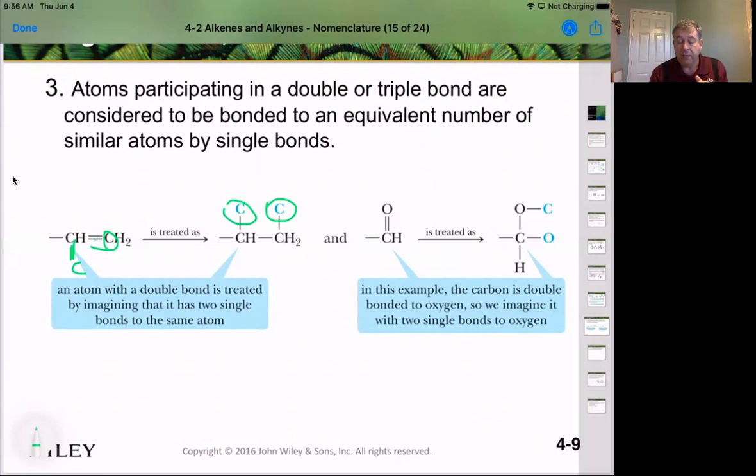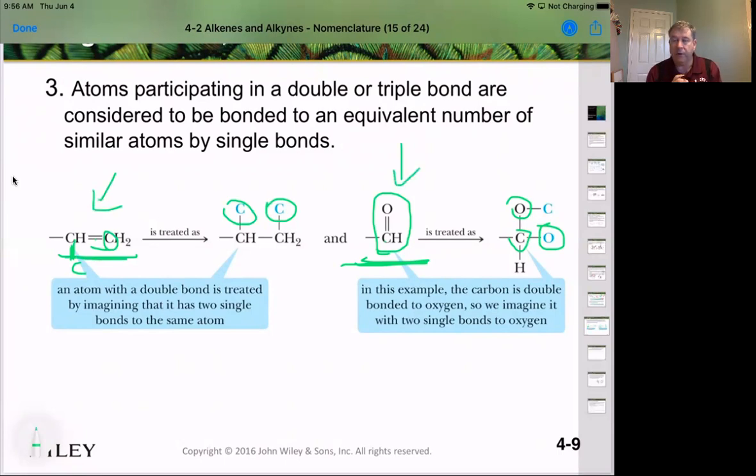That means if you have a carbonyl, where a carbon is double bonded to oxygen, that carbon counts as being bonded to two oxygens. That being said, the ethylene group is a lower priority than this aldehyde group because oxygen has a higher atomic number than carbon. So this group would be the lower priority and this group would be the higher priority.